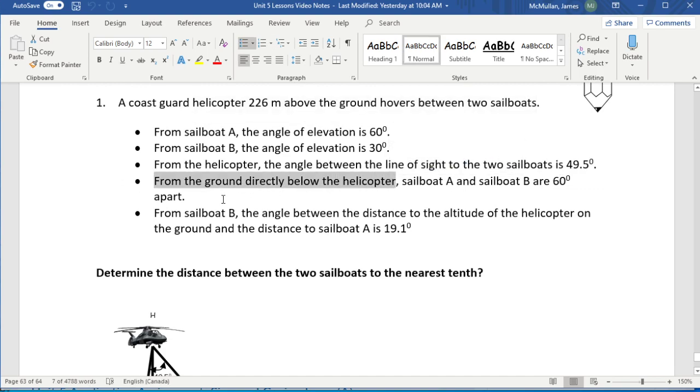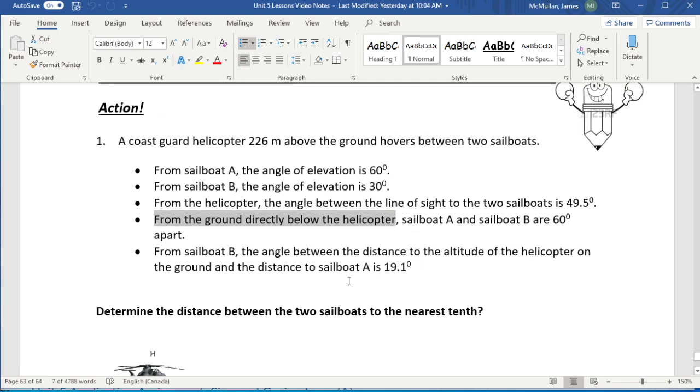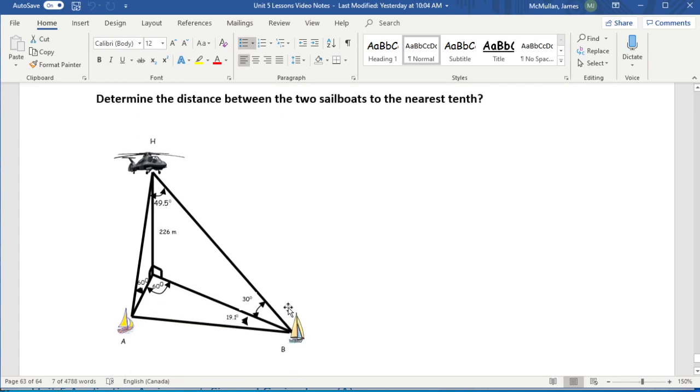From the ground directly below the helicopter, sailboat A and B are 60 degrees apart. So if you were on the helicopter and dropped right down to the water and you looked at sailboat A, you'd have to turn your head 60 degrees to look at sailboat B. And then it says from sailboat B, the angle between the distance to the altitude and the distance to the sailboat is 19.1.